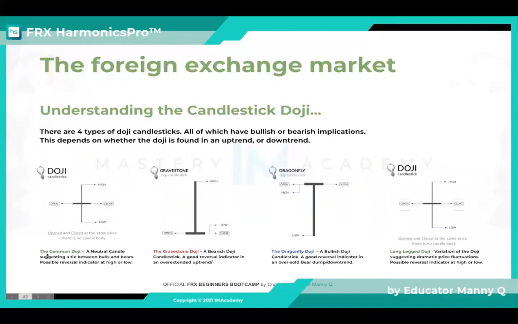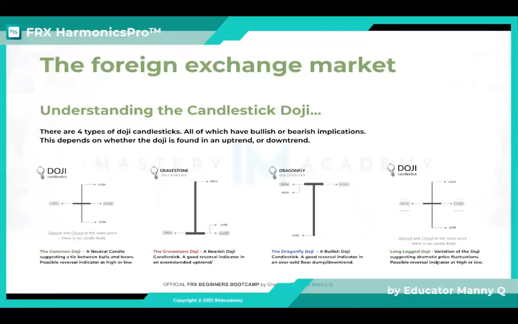Okay, so the common doji again is a neutral candle suggesting the tie between the bulls and the bears. Now, again, this depends on whether the doji is found in an uptrend or a downtrend. Finding these dojis in the middle of a trend can signify the strength of the trend or the weakening of the trend.